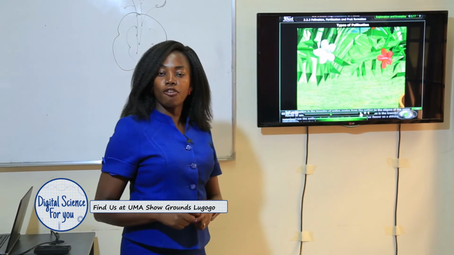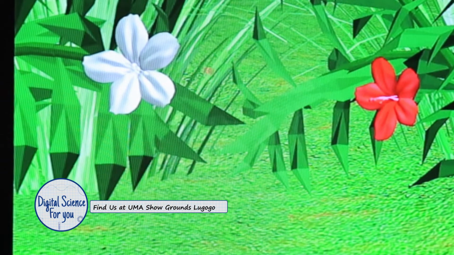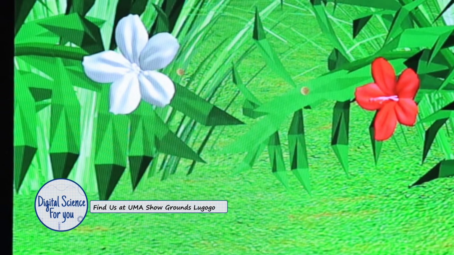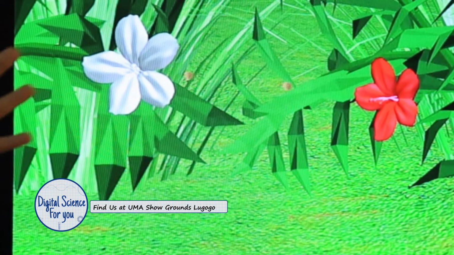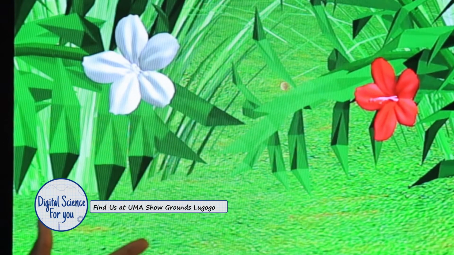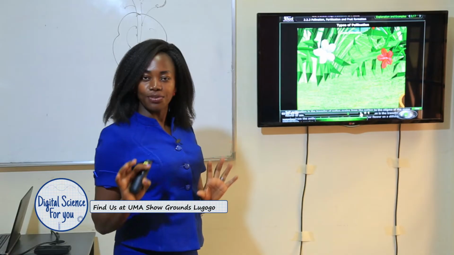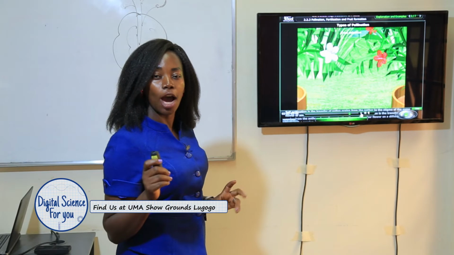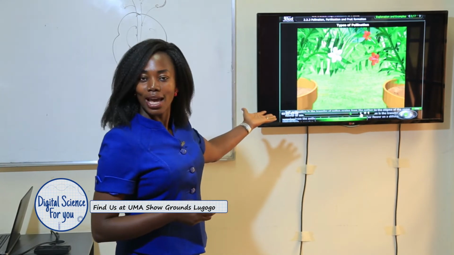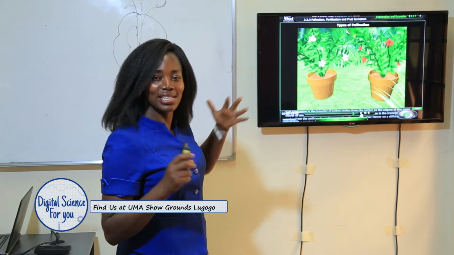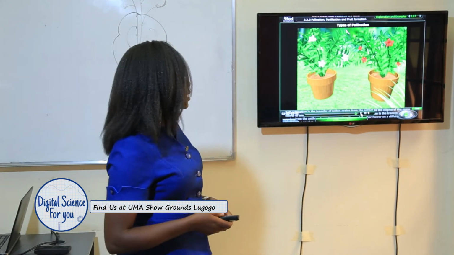The other type of pollination is cross-pollination. I think you can clearly see the pollen grains moving from this white flower to the red flower. The flowers are on different plants, however, they are of the same species. That is what Digital Science can offer you. I believe you can never forget this.